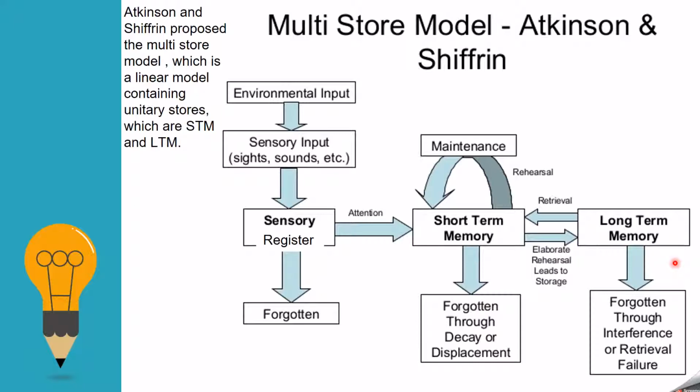But if you've recalled it enough and rehearsed it enough, then you are able to retrieve that memory from your long-term memory. You do this by retrieval, and so that information goes from your long-term memory back to your short-term memory, and then you can say it, and so forth.